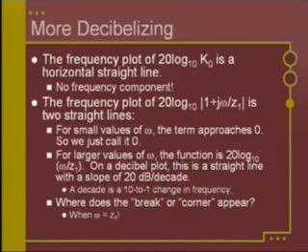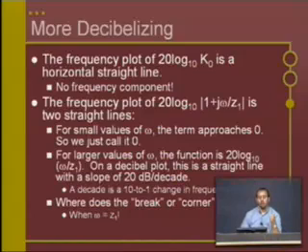Then we look at each one of the poles and zeros and the constant term. For the constant term, the value of 20 log base 10 of the constant is just a constant term over all the frequencies, so it's just going to give you a place where you start. After that, when you're looking at the zeros of the function, for all of the frequencies up to a specific corner frequency, the influence of that term is going to be negligible, and we're going to call it 0 for the purposes of our Bode plot estimation.